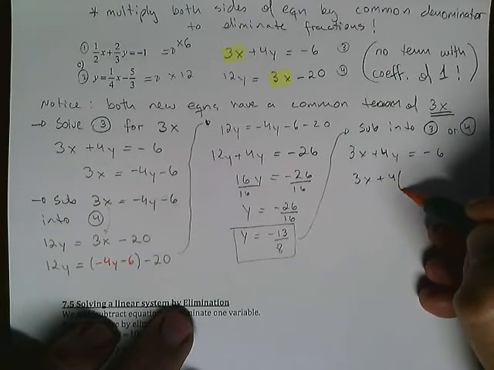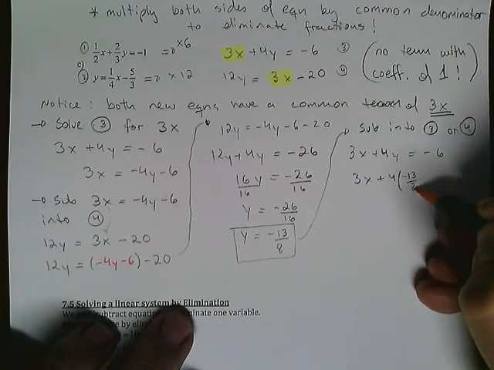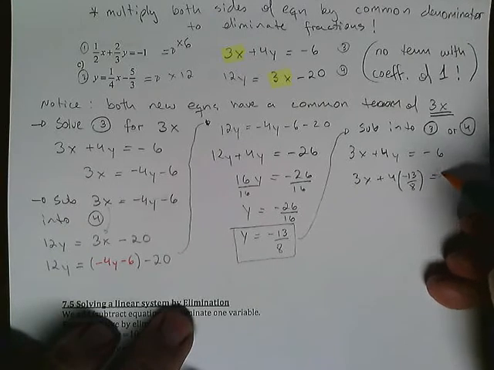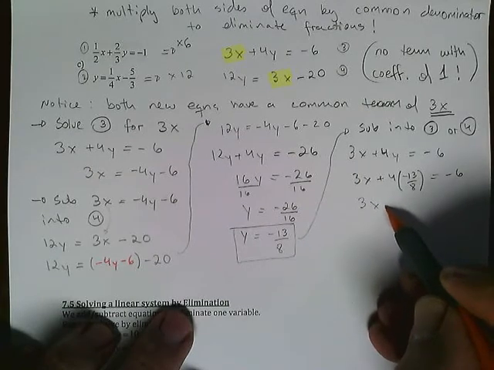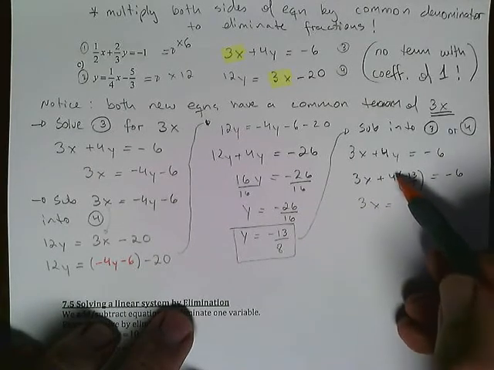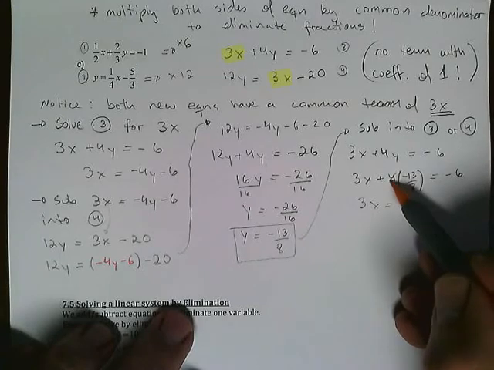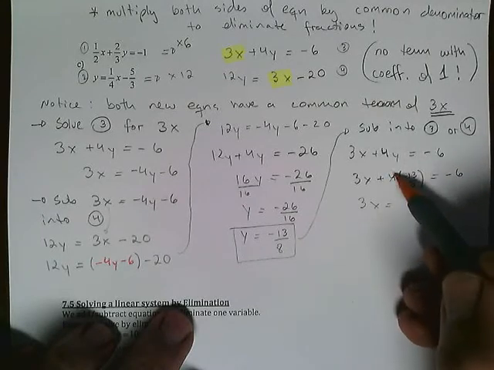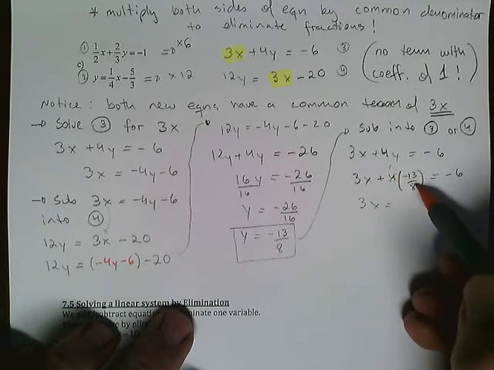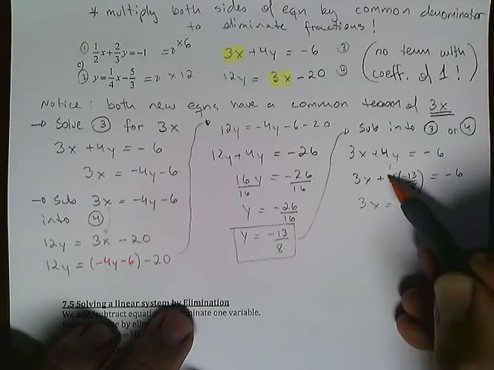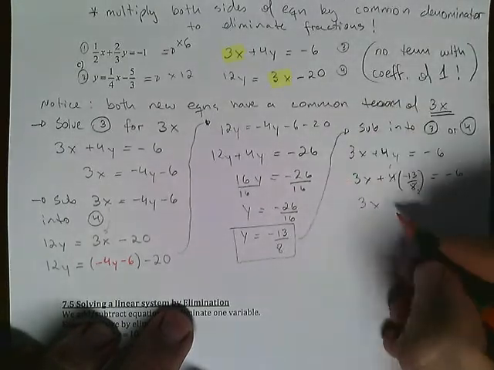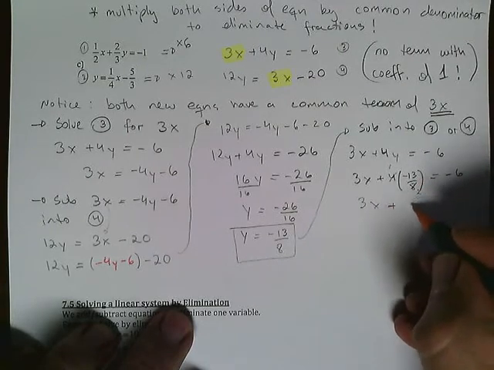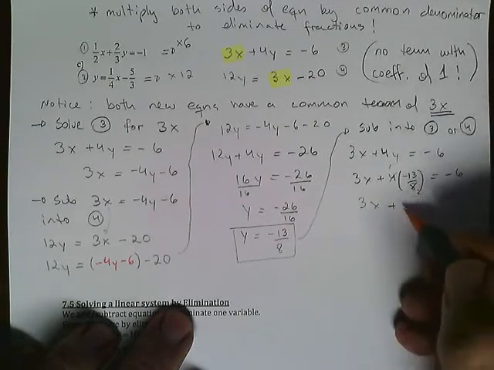But what you do is plug in negative 13 over 8 is equal to negative 6. And then you get 3x plus, in this case, this is multiplying, so 4 goes in here 1 time, 4 goes in here 2 times. So this ends up being 3x plus, this is just negative 13 over 2.